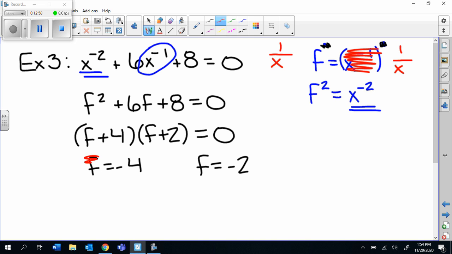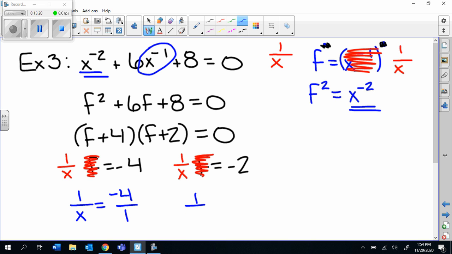So right here, this is equal to 1 over x, and right here, this is equal to 1 over x. It looks pretty messy right now, so I'm going to rewrite that. 1 over x equals -4 over 1. 1 over x equals -2 over 1.